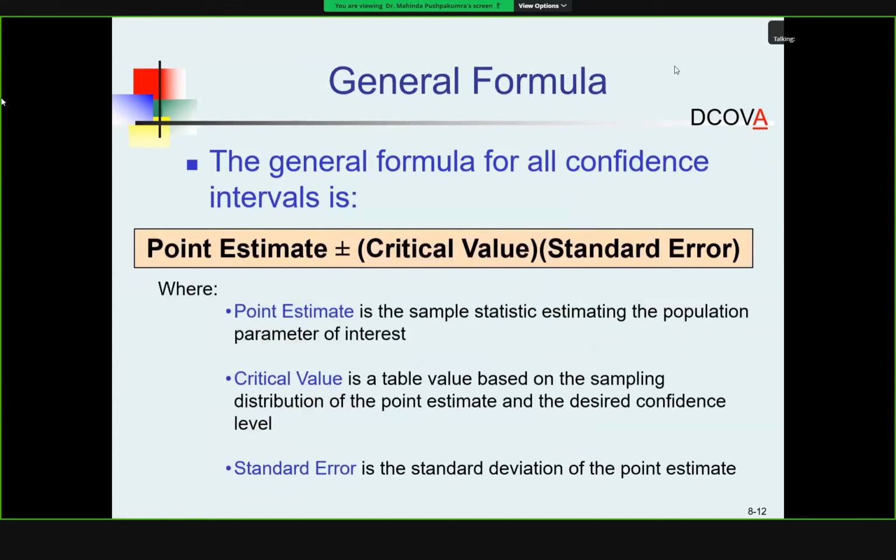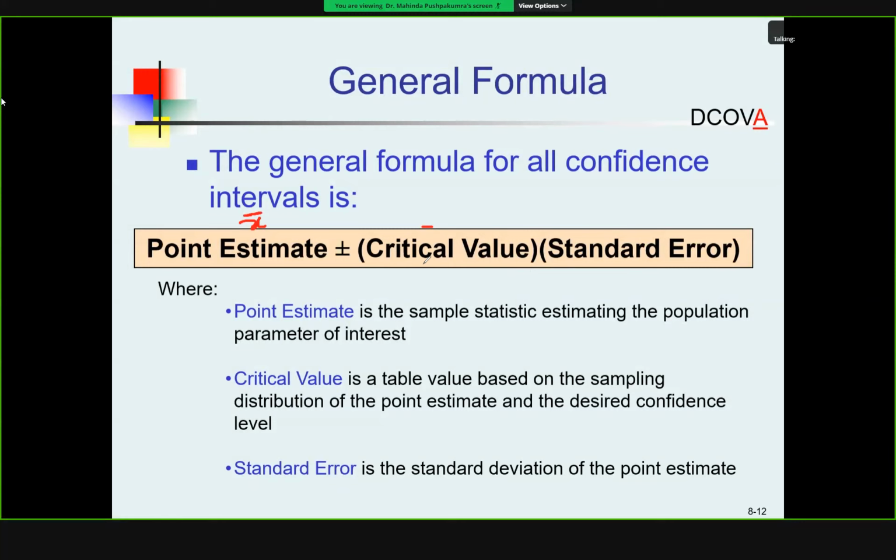Actually, this is a very simple formula to estimate confidence interval. Then we have point estimate. Point estimate means sample mean, plus or minus the critical value. It is from a table according to our confidence level.